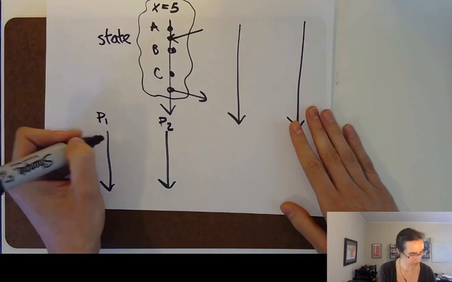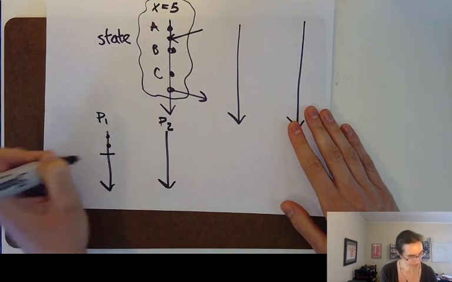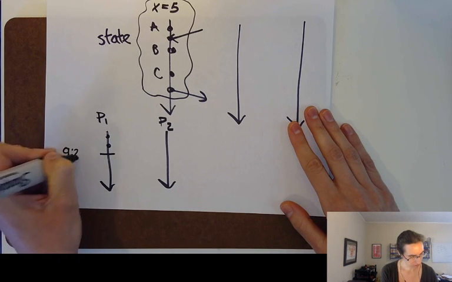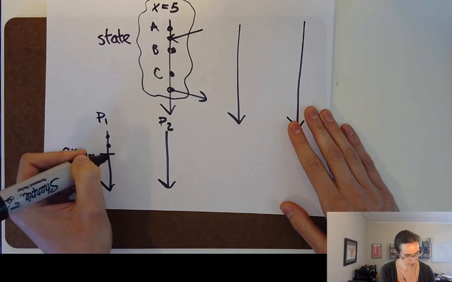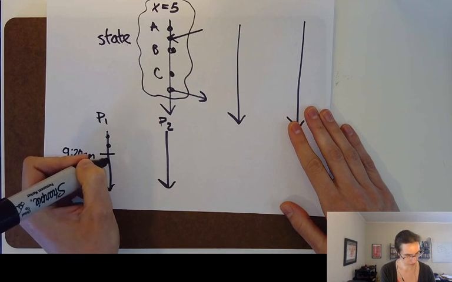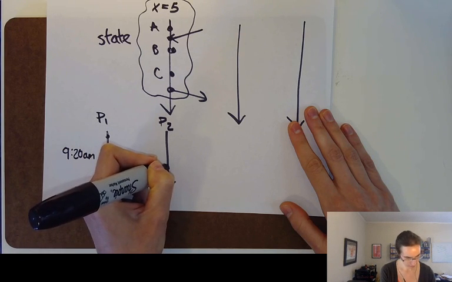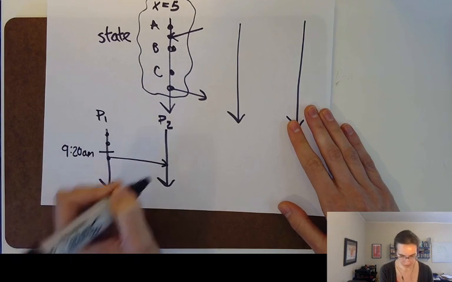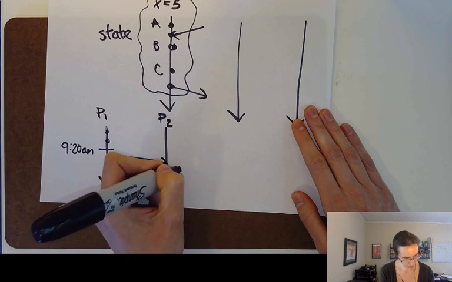So let's say that some events have happened on process 2, and let's say that right here is what process 1 thinks is 9:20 a.m. So it takes its snapshot there. Let's say it sends a message right here. And let's say that this is what process 2 thinks is 9:20 a.m.